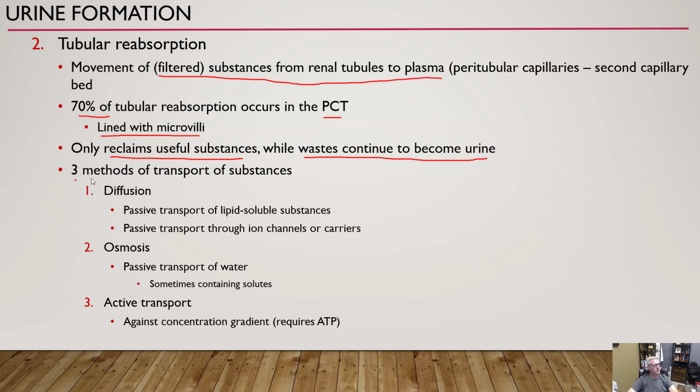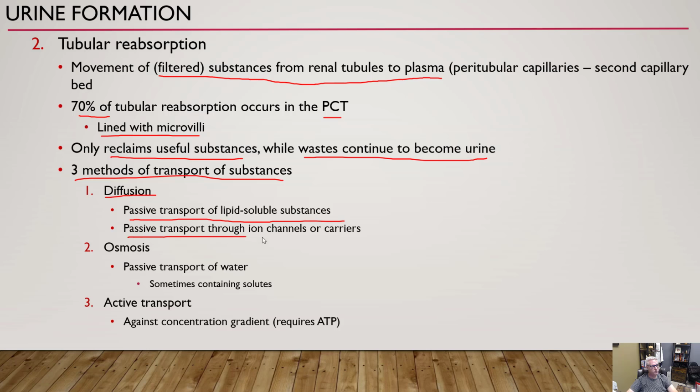And we have three methods of how tubular reabsorption happens: diffusion, osmosis, and active transport. And we know diffusion. Diffusion is area of high concentration to an area of low concentration. It's a passive process. It doesn't require ATP. So we can have passive transport of lipid-soluble substances.